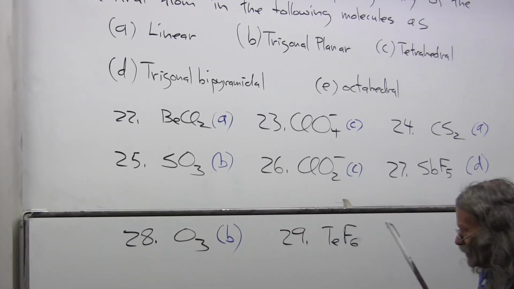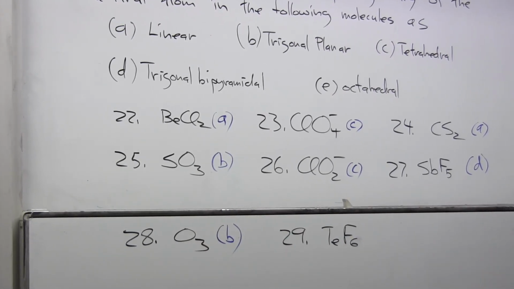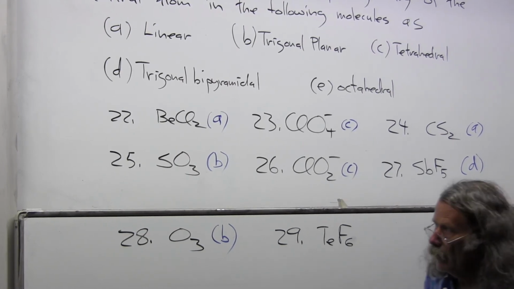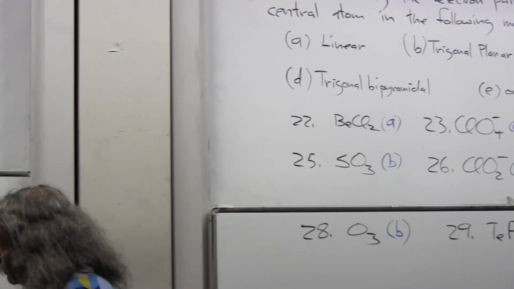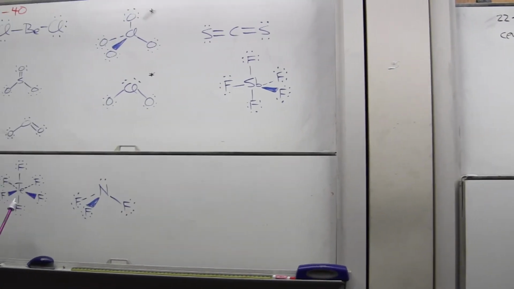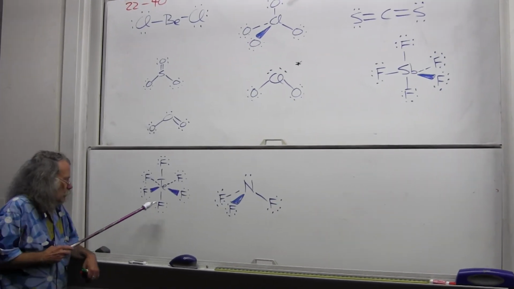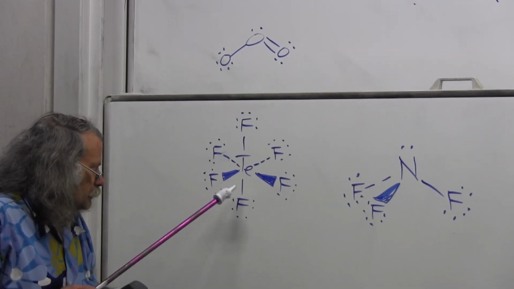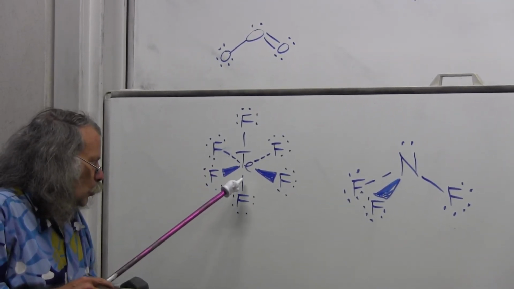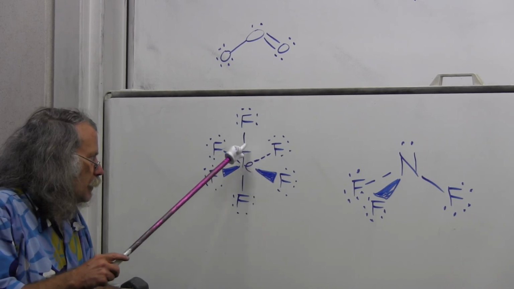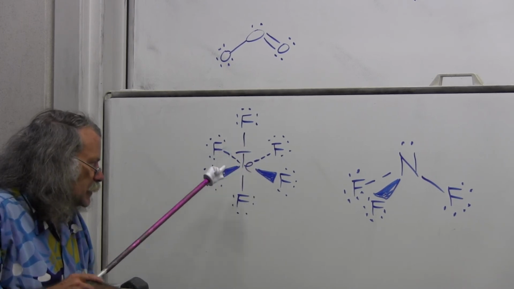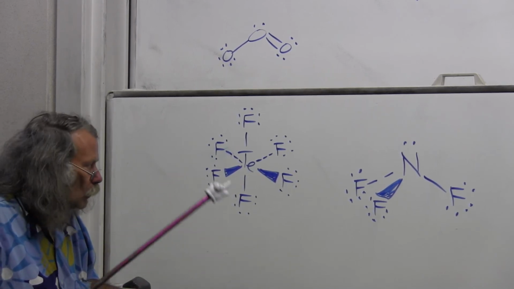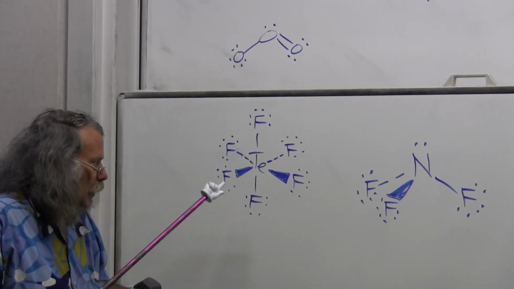And now for the last in this series, I've got tellurium hexafluoride, which we see depicted over here on our scratch paper. The central atom, the tellurium atom, has 1, 2, 3, 4, 5, 6 single bonds to fluorine and no lone pairs on the central atom.